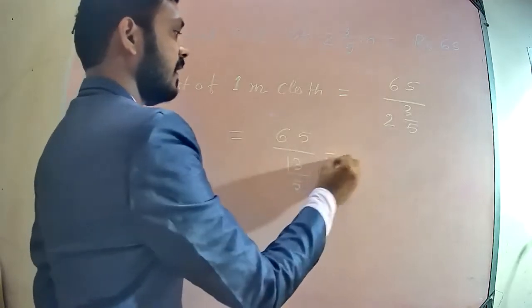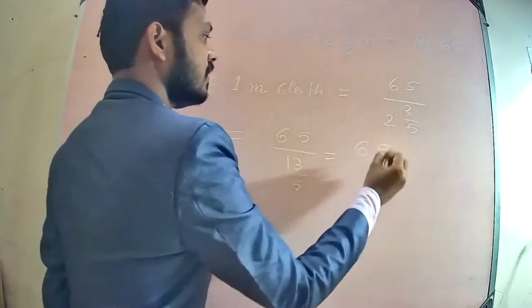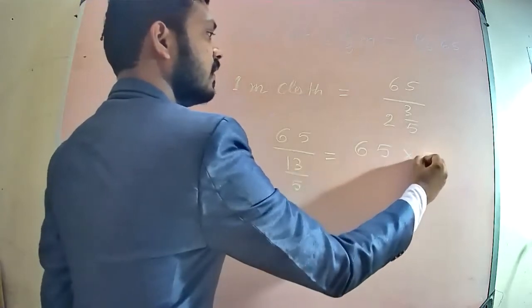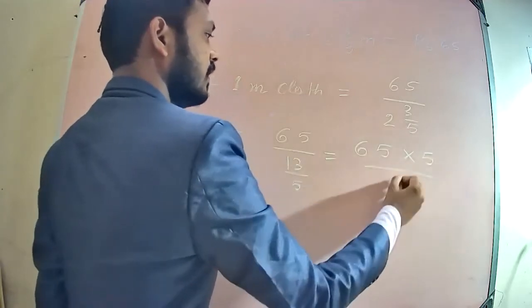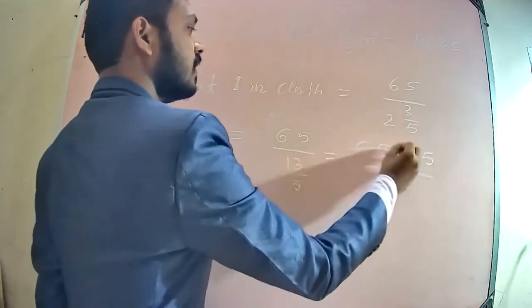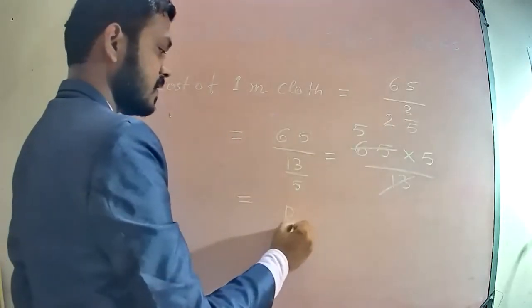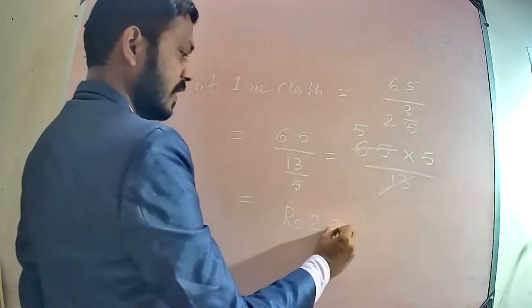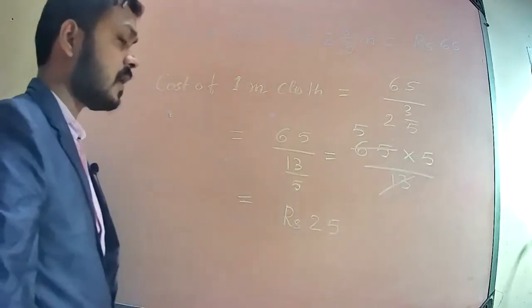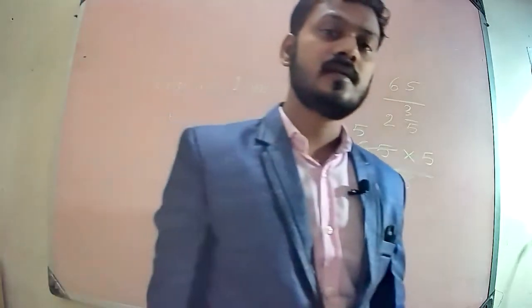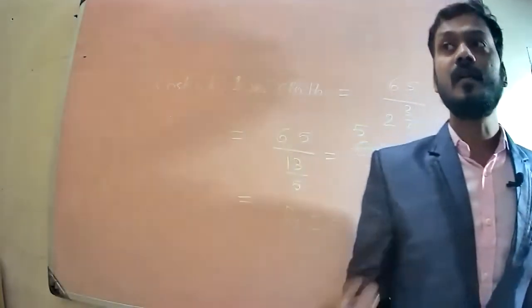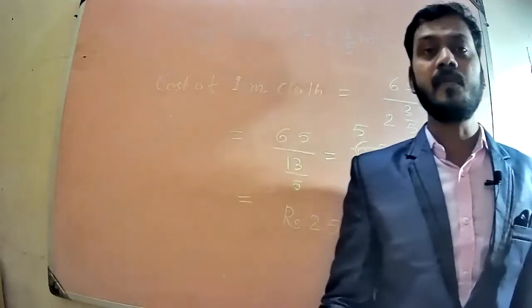Again, 65 and 5 are converted, the numerator and 13, so 13 ones are 13 and 13 fives are 65, giving rupees 25. So 1 meter of cloth is equal to 25 rupees.